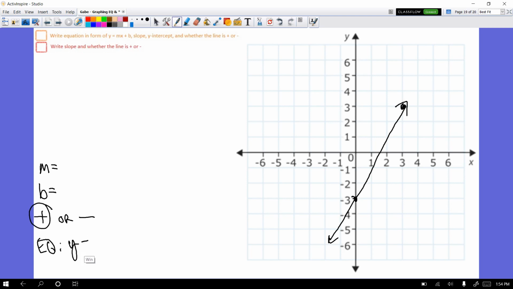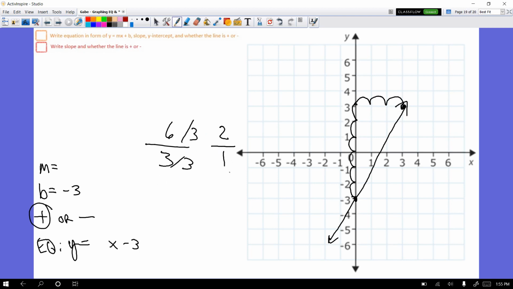So y equals something x. All right, y-intercept is at -3. And from point to point, up 1, 2, 3, 4, 5, 6, over 1, 2, 3. Simplified, that's 2 over 1. All right, so slope is 2 over 1.